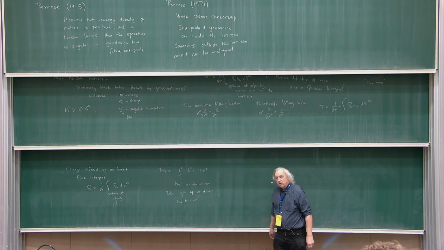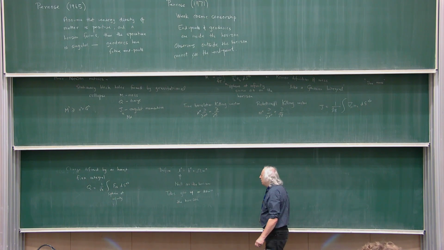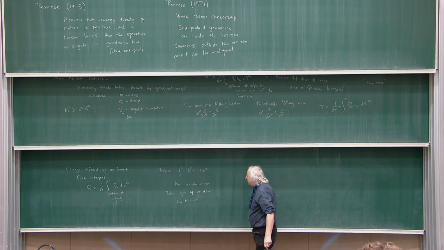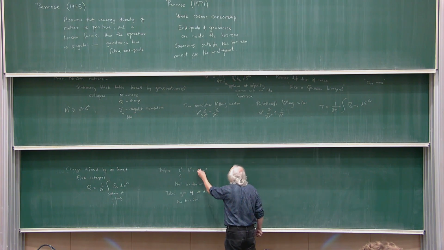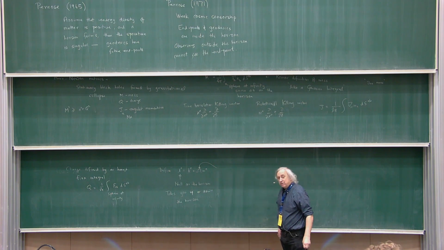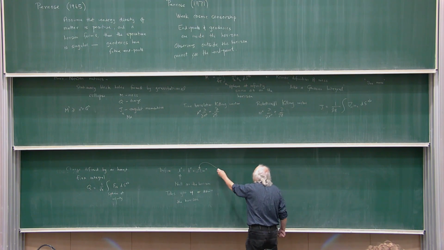But because it is null on the horizon, and neither k nor m are, except in the case of Schwarzschild where k is, this thing, ω, defines an angular velocity of the black hole.